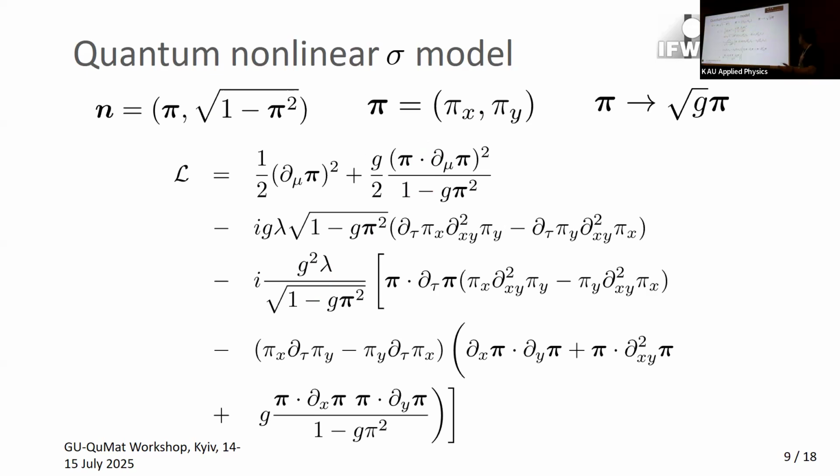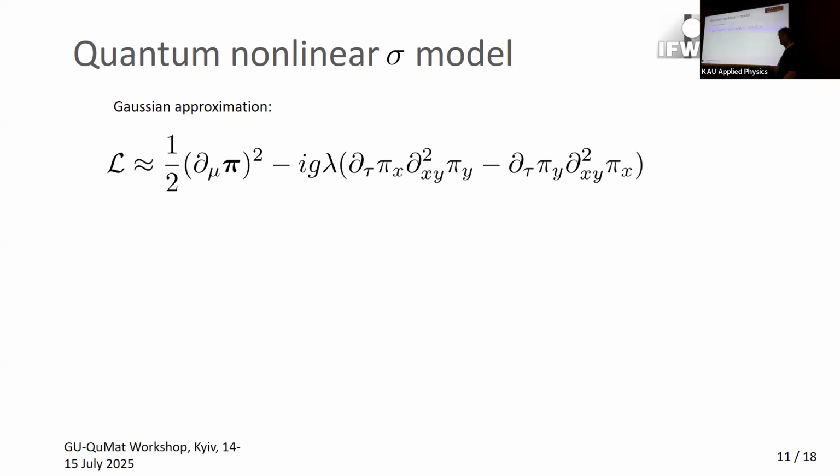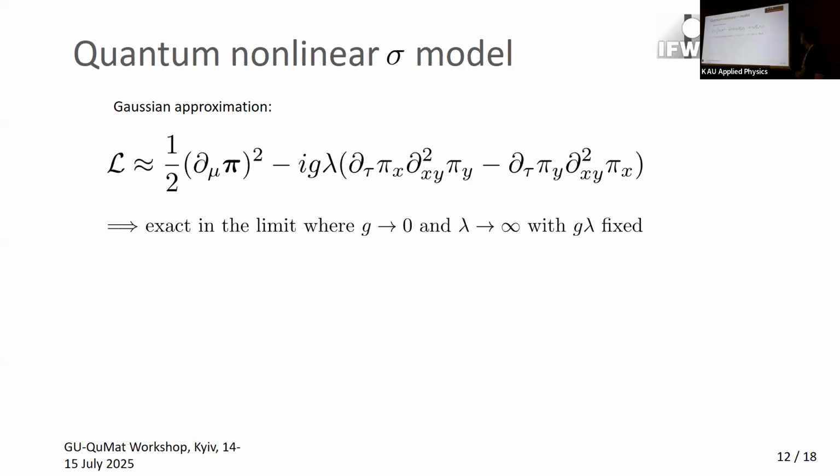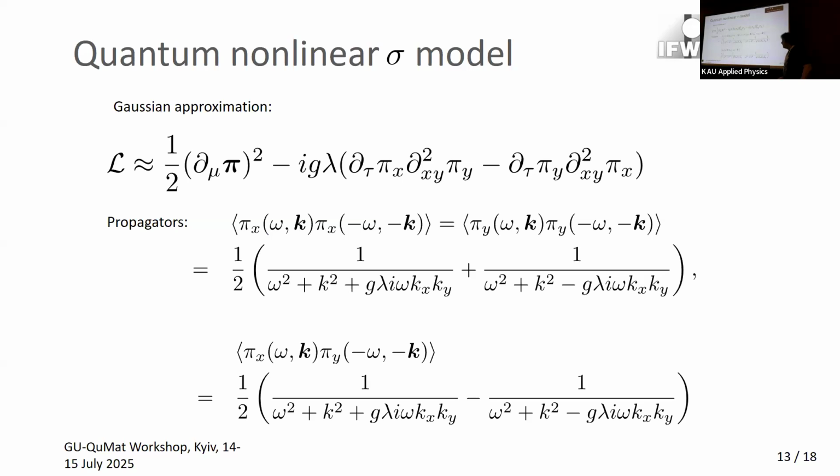Then you get a theoretical limit, of course, where this becomes exact. So it's very easy to obtain the spectrum from the pole of the propagators of this, or just by looking at when this Lagrangian vanishes.